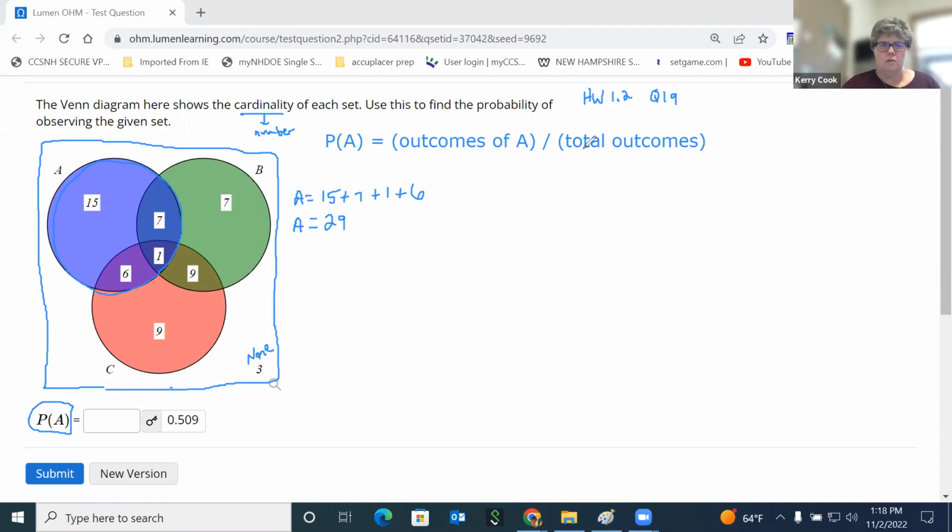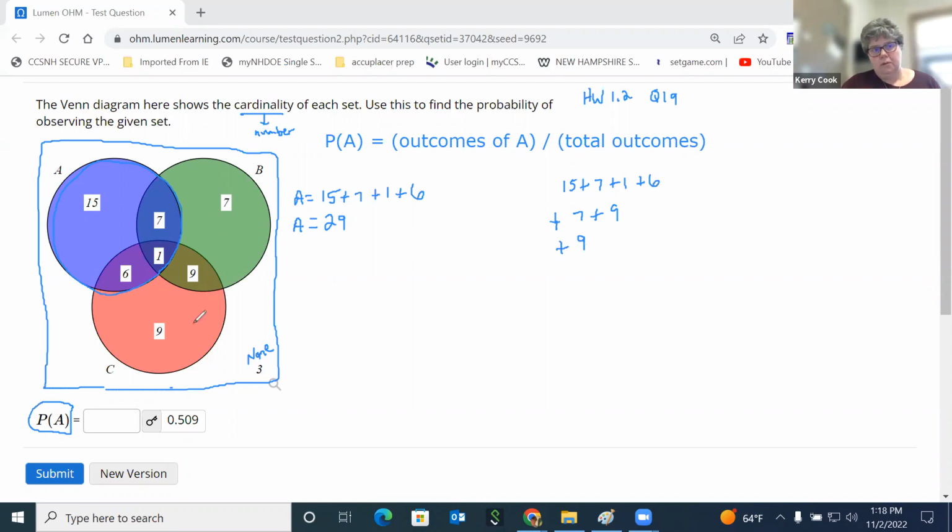Now, what about the total? Well, the total would be all of the outcomes in the whole diagram. So that's going to include A. So we're going to have our 15 plus 7 plus 1 plus 6. That's A. And we're going to add to it the things we haven't caught from B. So we're going to add also 7 and 9. And then we're going to add the one from C that we haven't caught yet, 9.